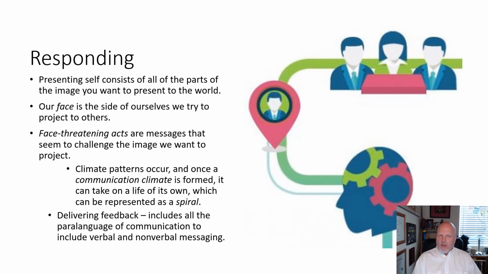In other words, the mask is fake. It's an illusion completely. A face is the good aspect of what we want to share. It's something that maybe is in us and we're trying to share it, so we create a face for it. When that face, because it contains authentic self, is threatened, it can cause trouble as well.